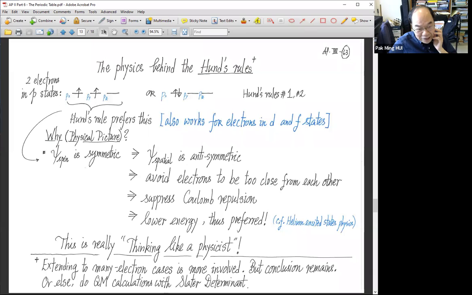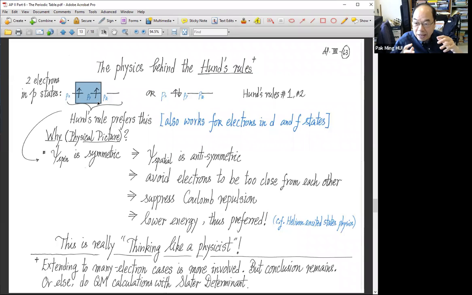So when we have this kind of thing, we can think about the helium atom, right? So the spin part is like a symmetric spin part. Therefore, the spatial part will be anti-symmetric. Therefore, the electrons will tend to avoid each other. There's always a Coulomb repulsive part in the Hamiltonian. Therefore, that will be less positive for that term, lower energy.